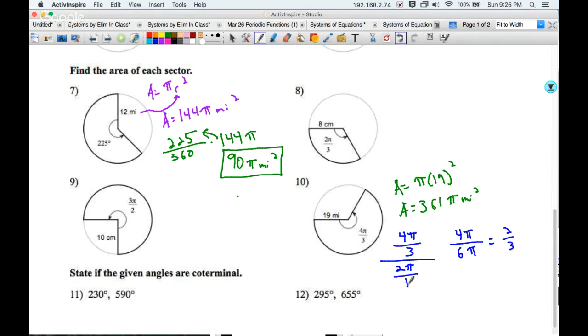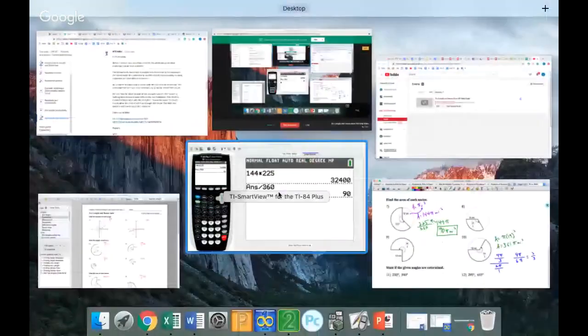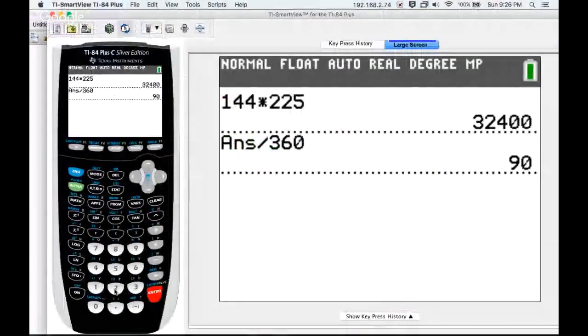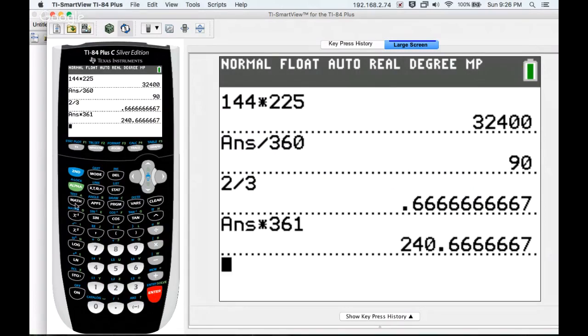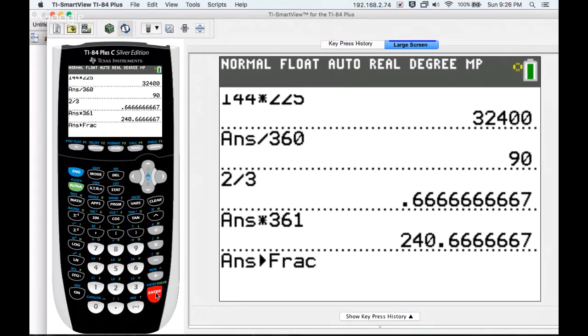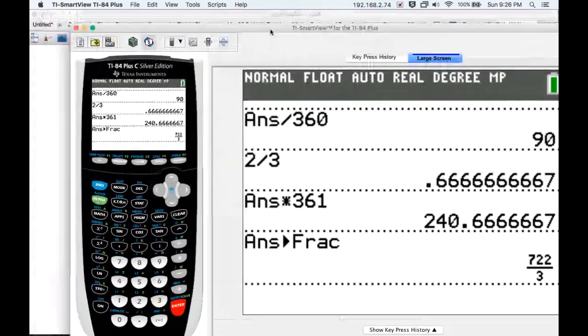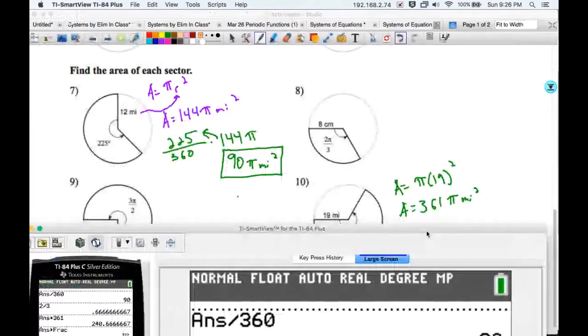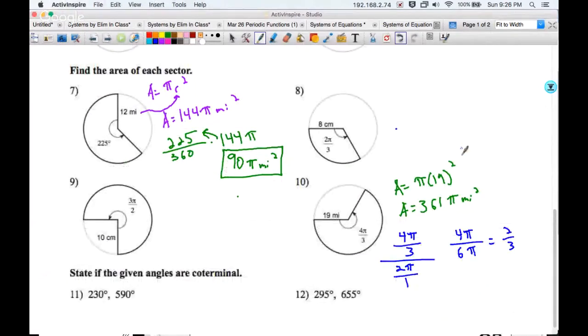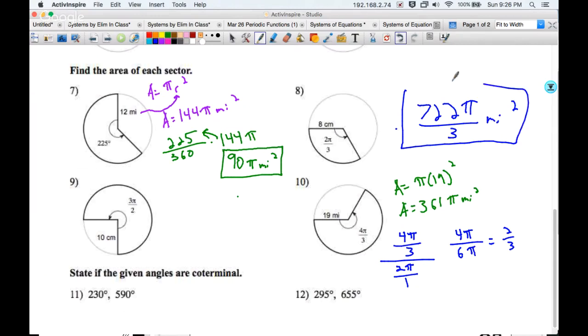I'm going to multiply that 2/3 times 361. 2 divided by 3 times 361 equals this. Okay, we did get a decimal, so I'm going to hit math, enter, enter to turn it back into a fraction. 722 pi over 3 square miles. And that is for number 10 there.